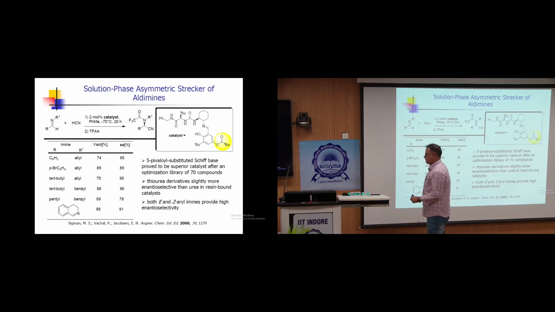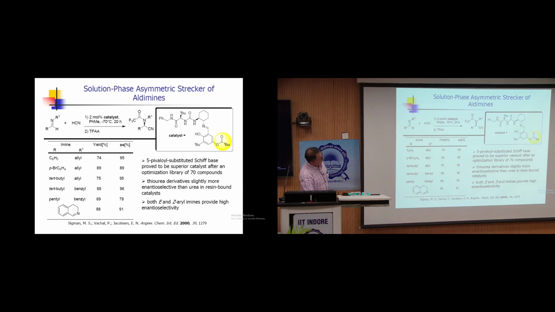So the scientific community started thinking: can we do something towards this type of catalyst where you can go on increasing the chain length and come up with solution phase asymmetric Strecker of aldehydes? And it was done. You can see that they have used these catalysts, slowly increasing the lengths. Why, I will tell you in the next slide.